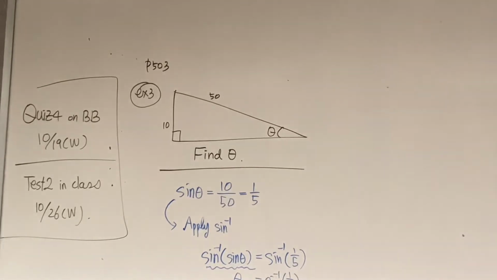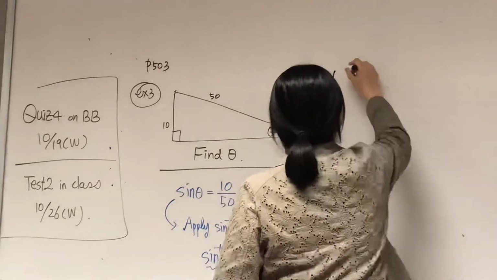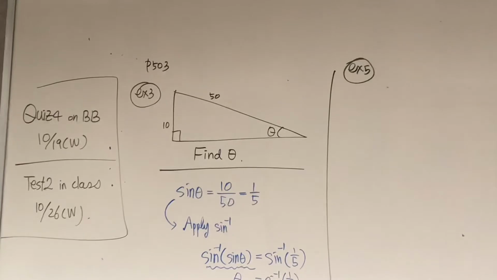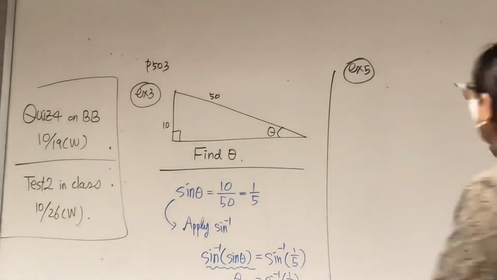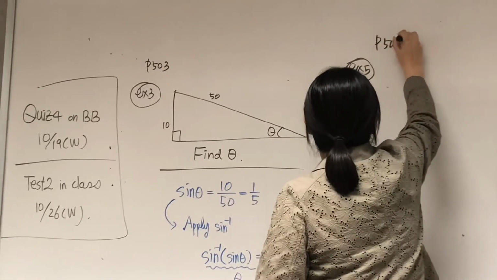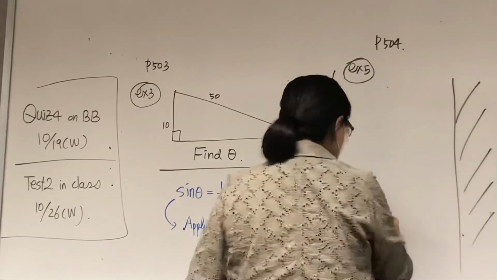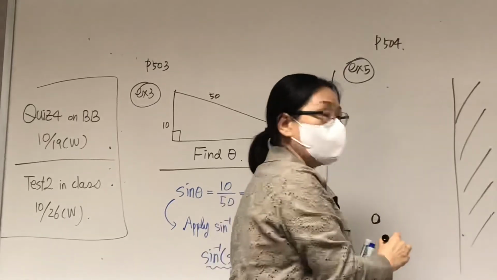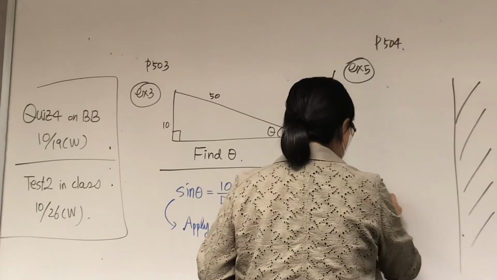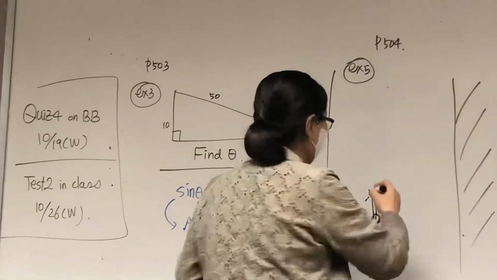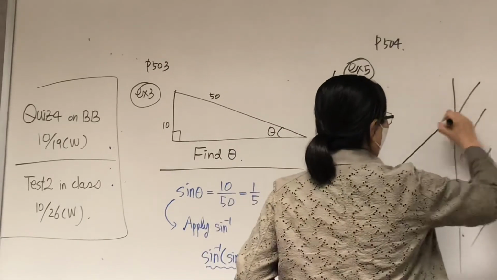How about example 5? Here is the seashore, and here is the island. And we have a lighthouse here, and that lighthouse focuses on here.